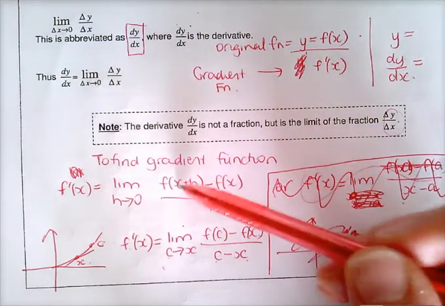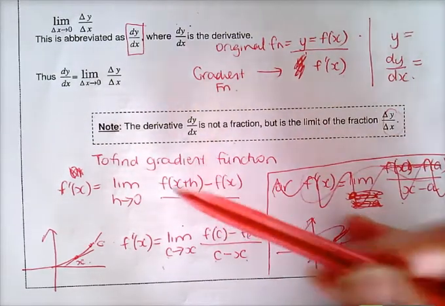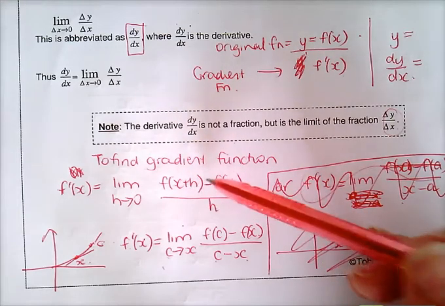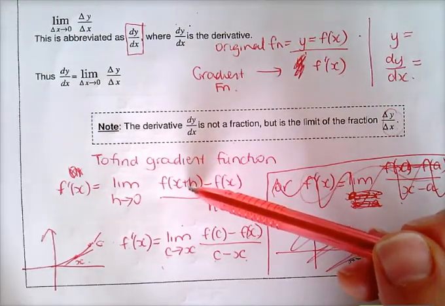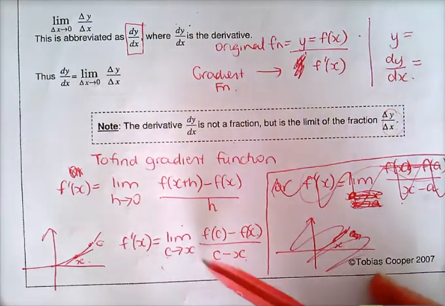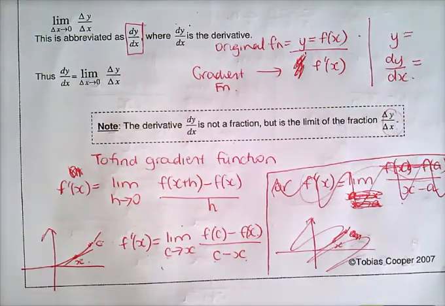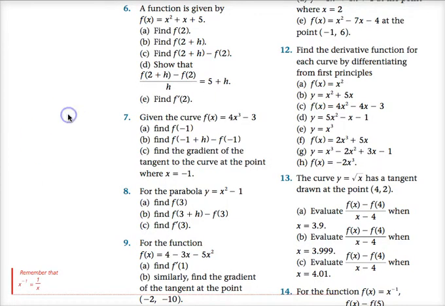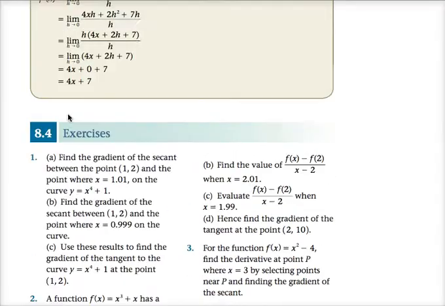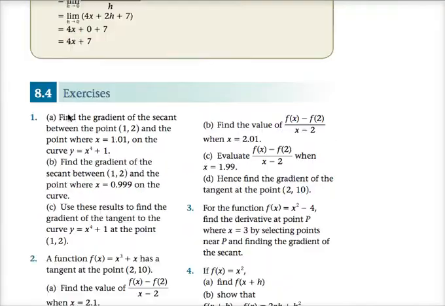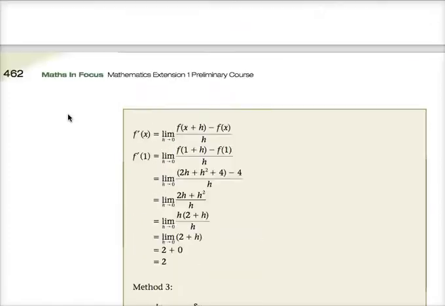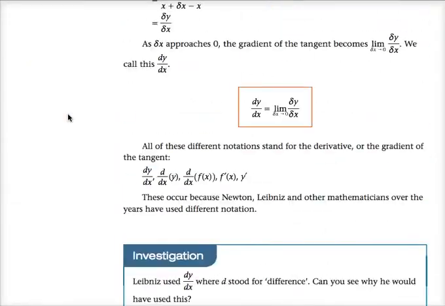Or if you're trying to use this version and you get stuck, where you can't do any factorising like we couldn't do in example 3 on the previous page, you would then resort to using this method, okay? Now for homework, I want you to go to your textbook and just look at exercise 8.4. If you look at the introduction to that, that's the theory that we just did.